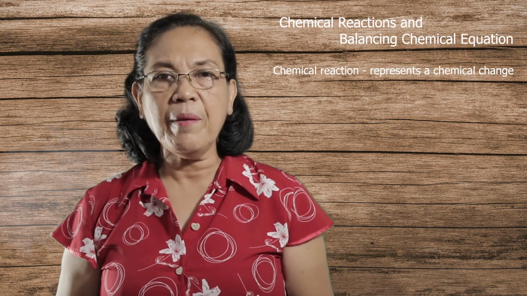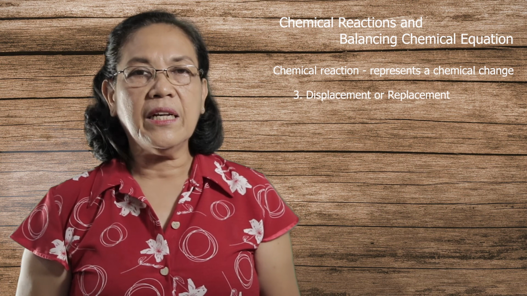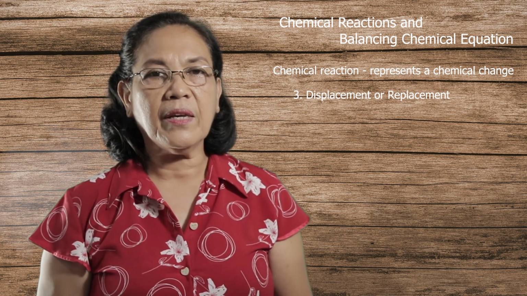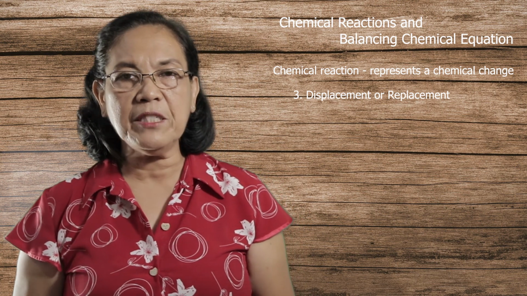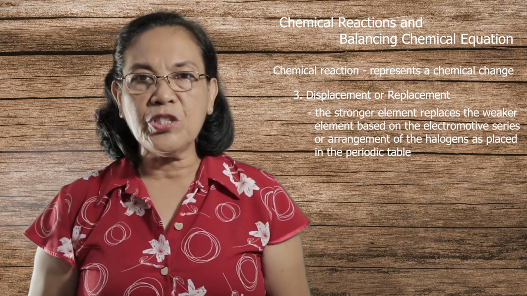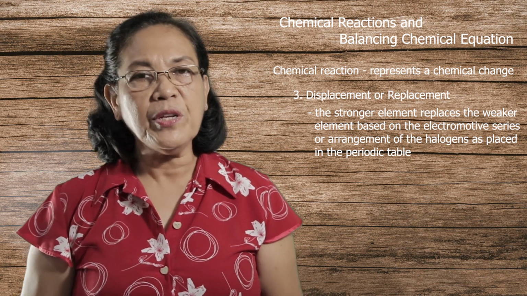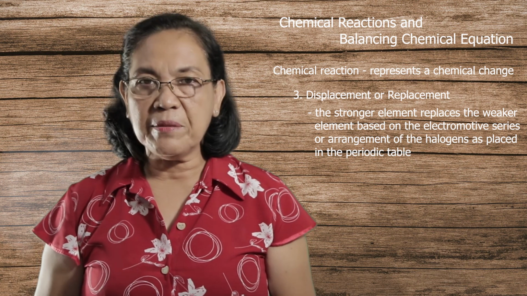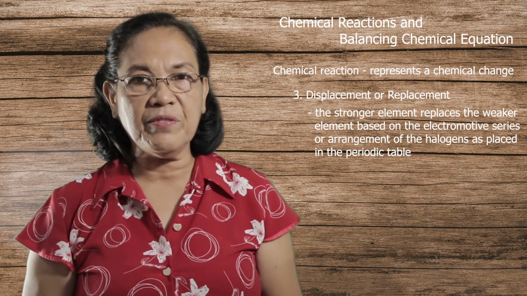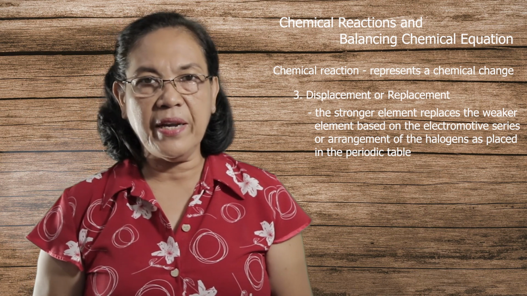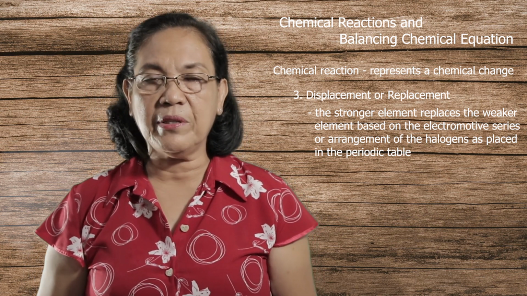Another type of chemical reaction is the replacement or displacement reaction. In the displacement or replacement reaction, this is dependent on the stronger elements which will replace the weaker elements, based on the electromotive series or the halogens as arranged in the periodic table.